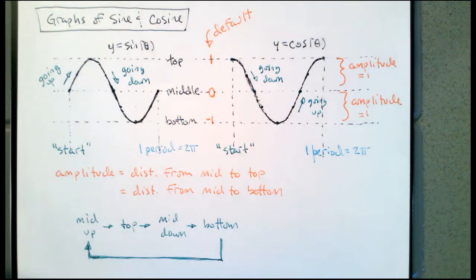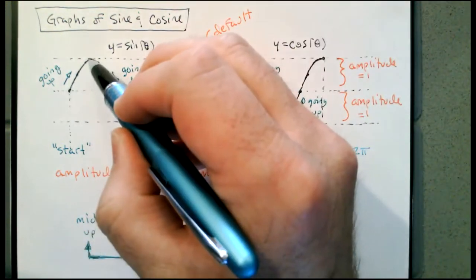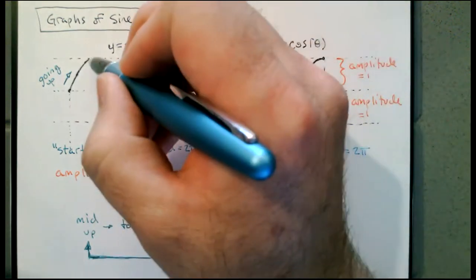The important parts, the middle going up, the top, the middle going down, and the bottom, those happen at quarter multiples, or at quarters of the period. So if we start off at the mid going up, we hit the top at 1/4 period.